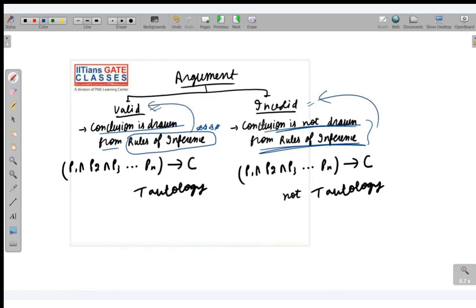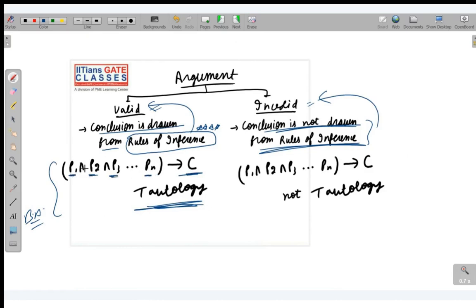Anyway, rules of inference I will tell you from the next slide only. Another way of saying a valid argument is this: P1 and P2 and P3 and up to Pn implies C. It should be a tautology. It is a Boolean algebra kind of thing. You imagine that propositions 1, 2, 3, 4, and up to n are all true.